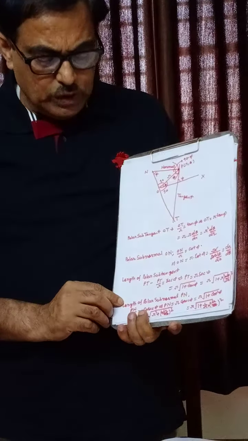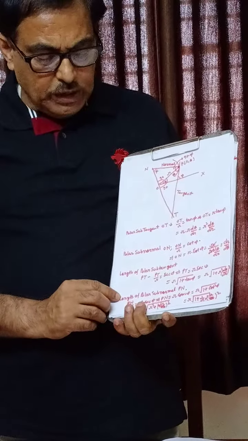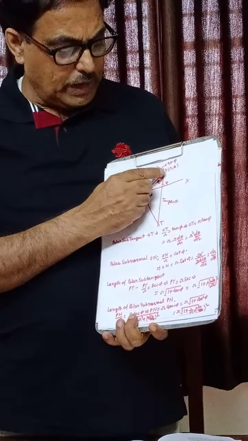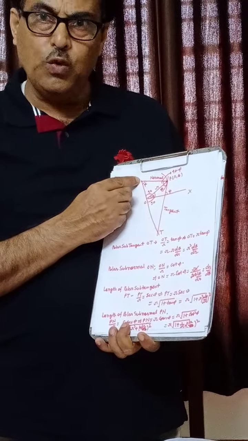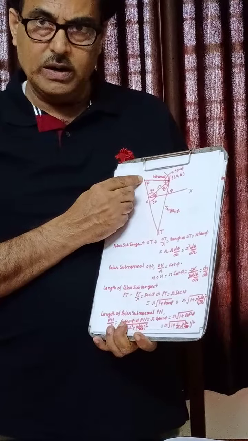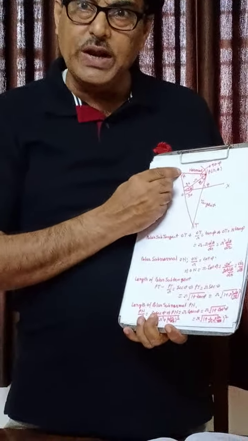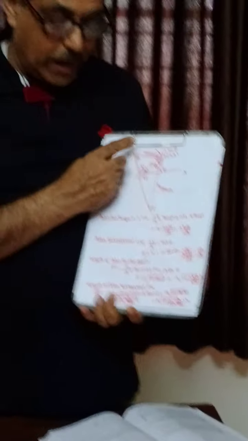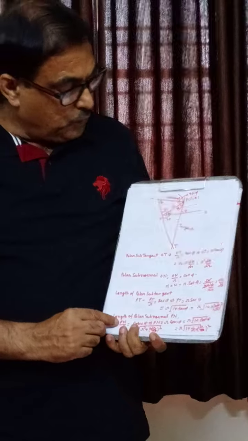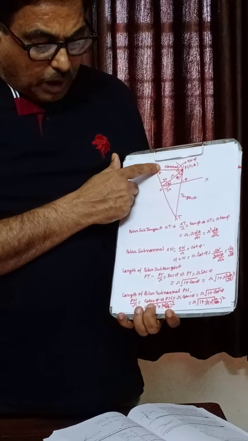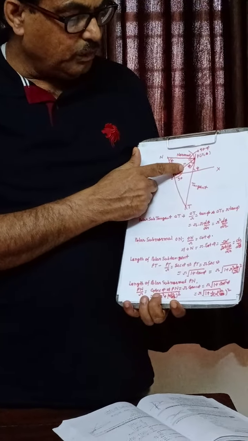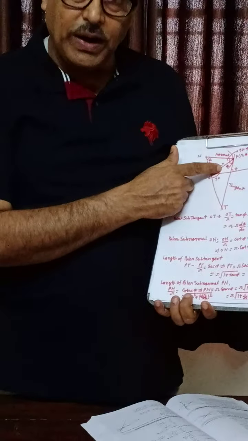Now we will find the length of the polar subnormal. Here you see that PN is the length of the polar subnormal, so we will find PN. In the right angle triangle PON, PN upon r is equal to cosec phi, meaning hypotenuse upon perpendicular.